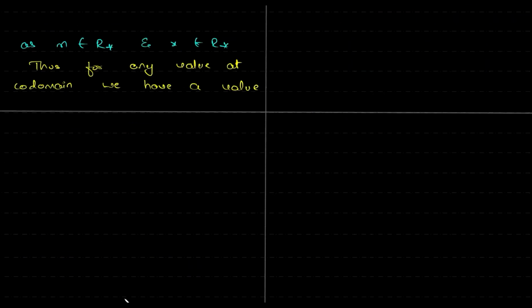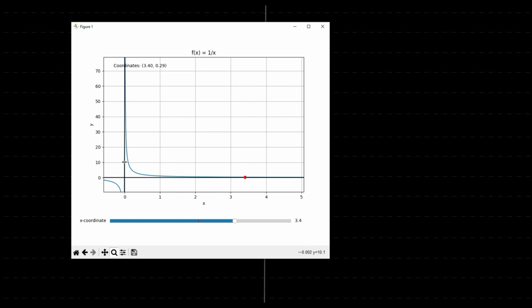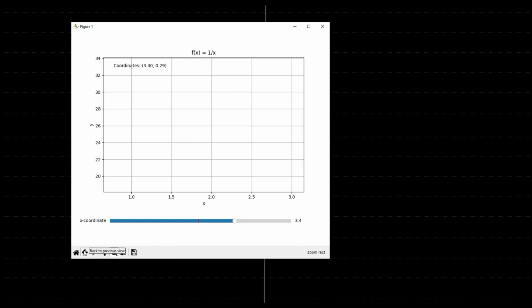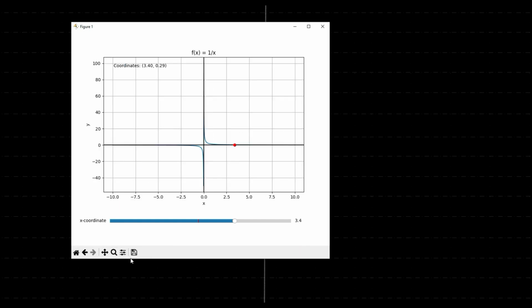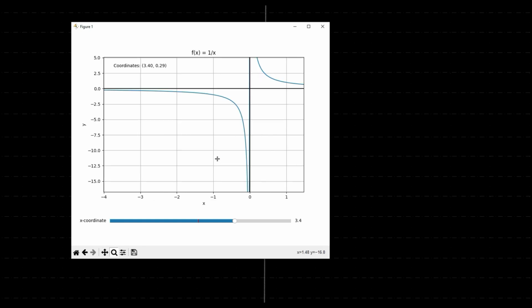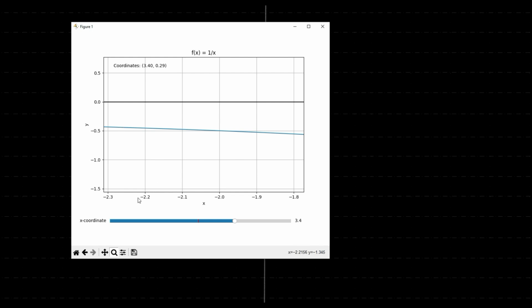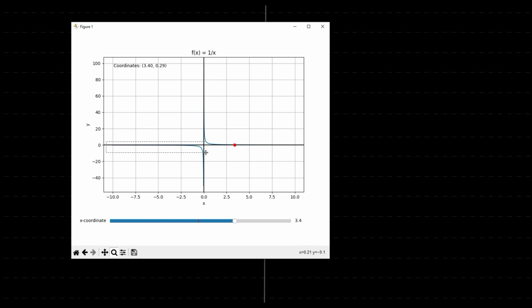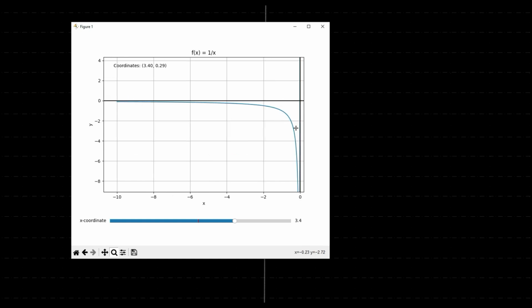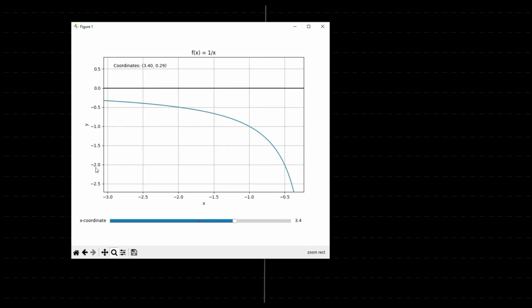Now, let me explain it this way. Say I want an output of, let me go to the graph. I'm looking at an output of minus 2.